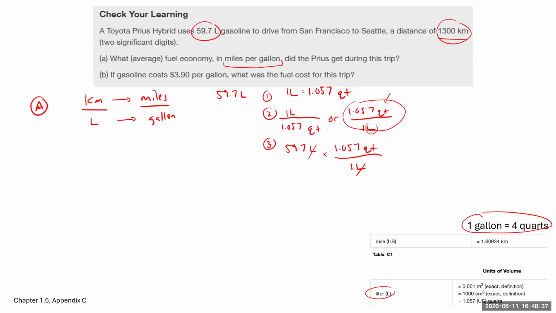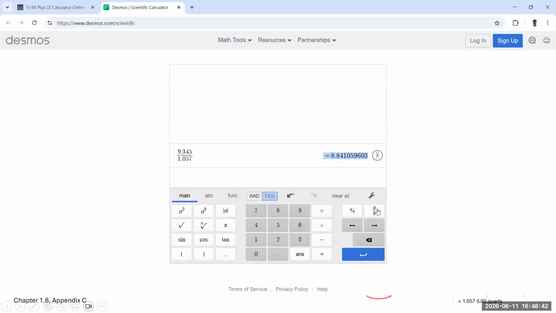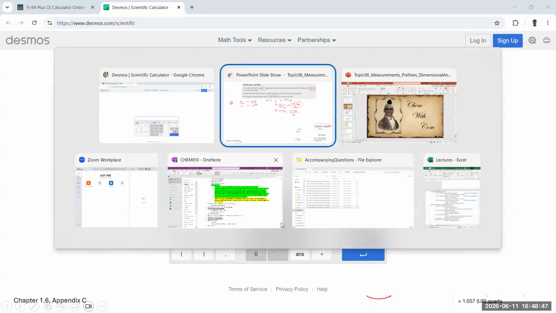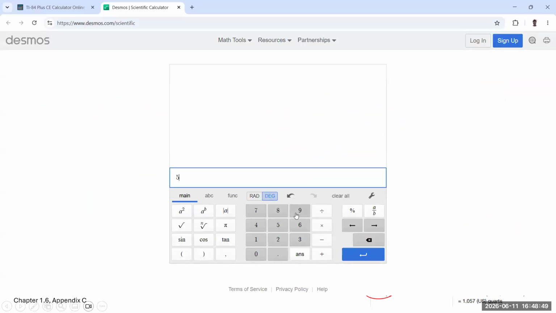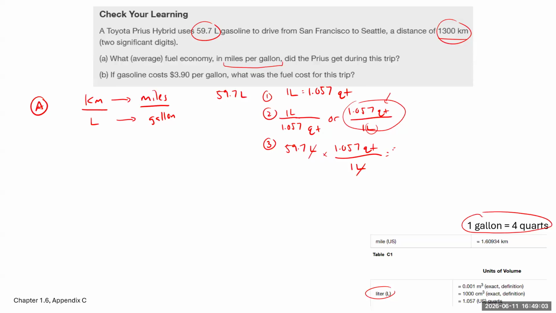Liters cancel out. 59.7 times 1.057. And we got 56.0846, and this is quarts.